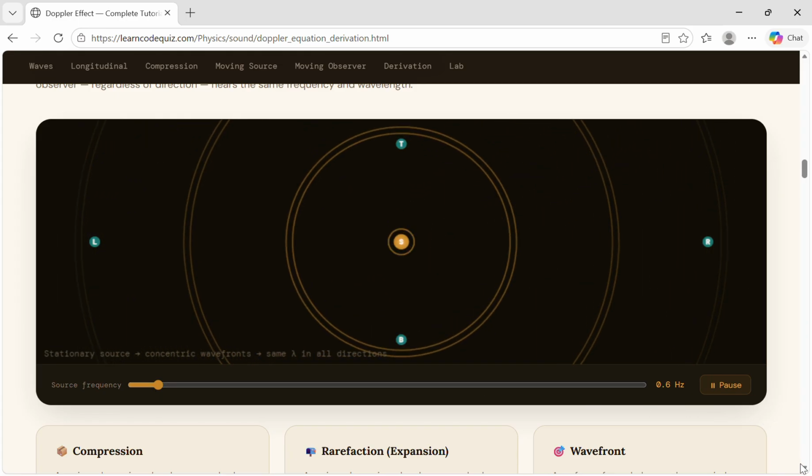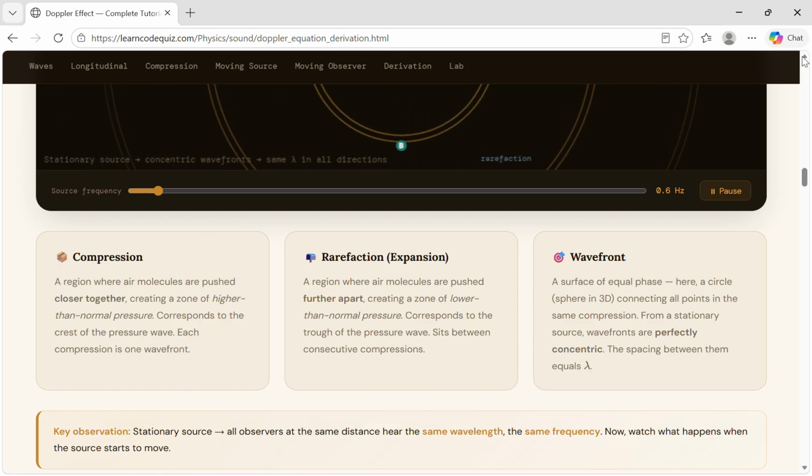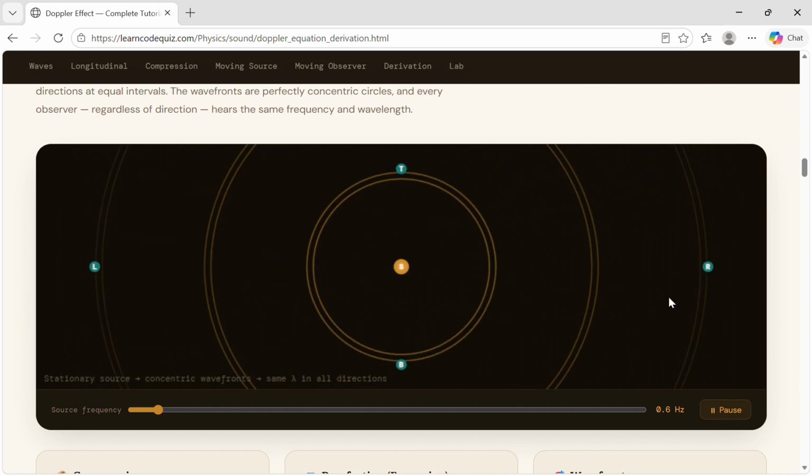Okay. So we understand rarefaction, compression, and wavefront. A wavefront is a circle connecting all the points in the same compression. So these are the wavefronts, right? This is a wavefront. This is a wavefront, right?